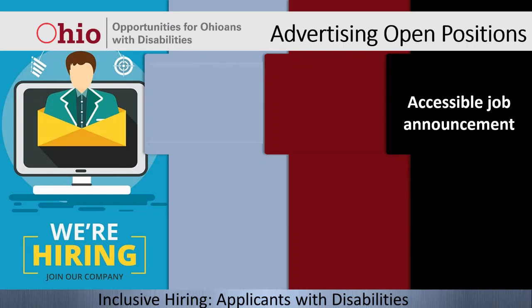For example, you may not ask an applicant if they have received treatment for certain conditions or whether an applicant has been hospitalized. And you may not ask if there are any health-related reasons the applicant may not be able to perform the job. Those are great tips, and you can reach out to your OOD Business Relations Specialist with those job opportunities to refer qualified candidates with disabilities.